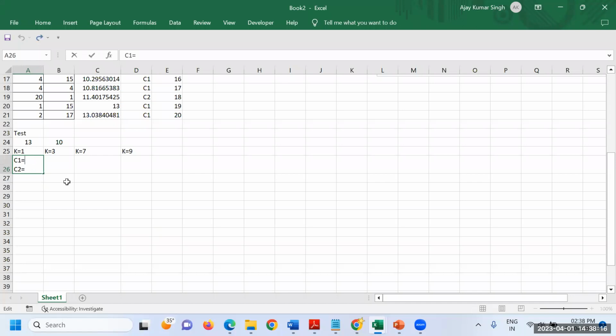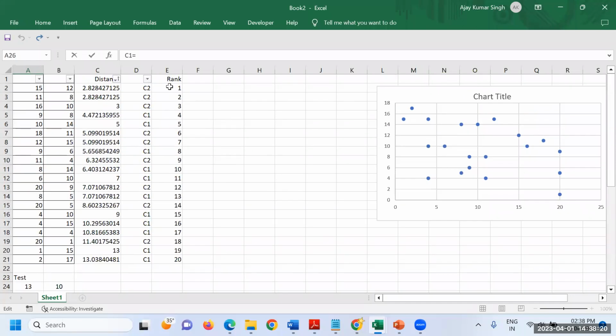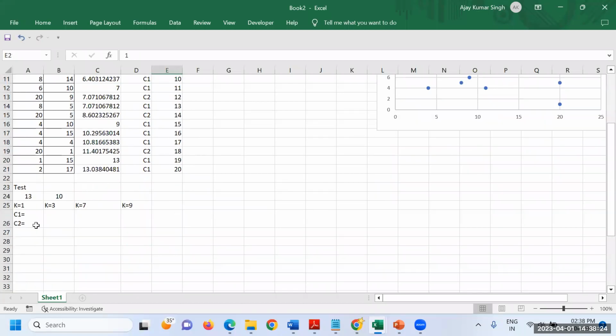How many C1 and how many C2? If k is equal to 1, only one C2 is there and no C1. What will be the output? If k is equal to 1, the category of that test point 1310 belongs to C2, isn't it?